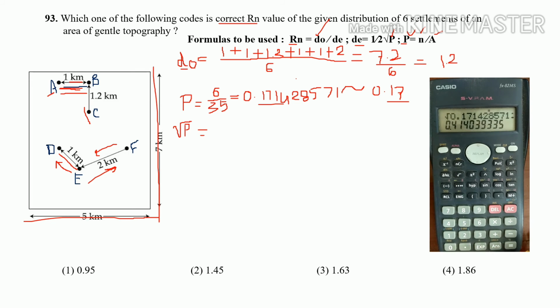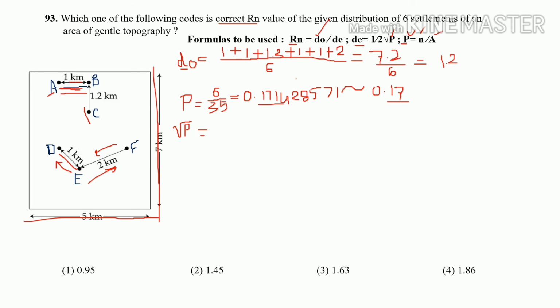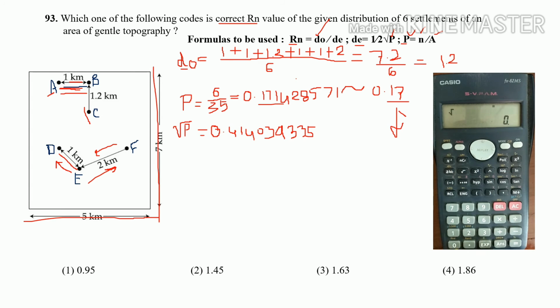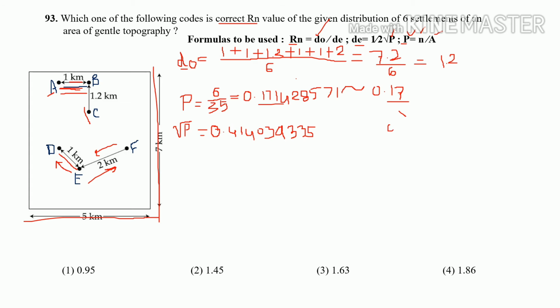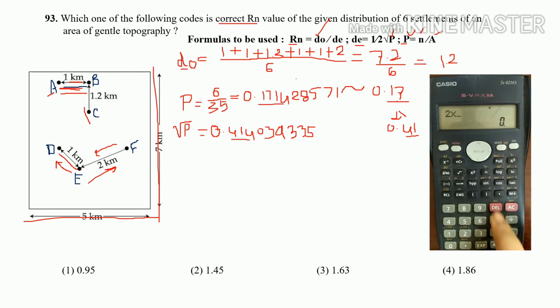The rounded off value comes as 0.41. So now we will calculate with this full value and this rounded off value as well.